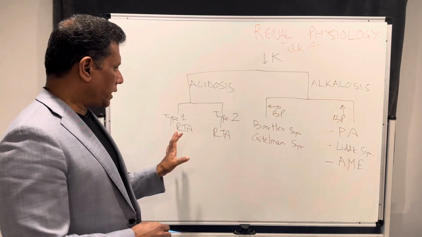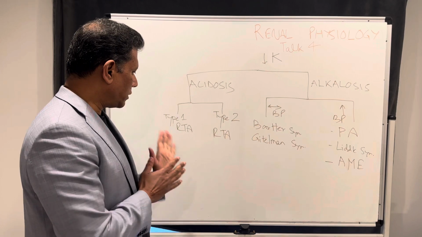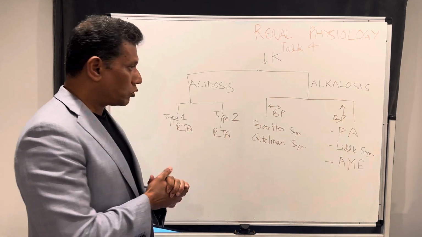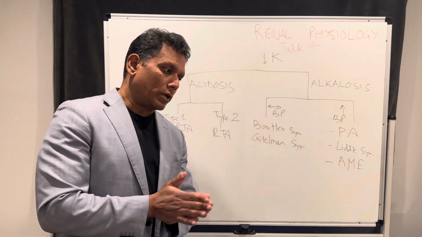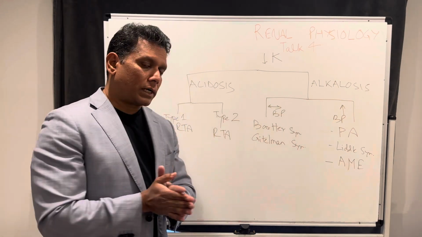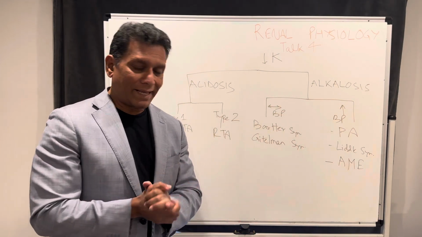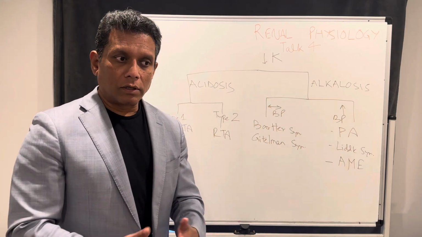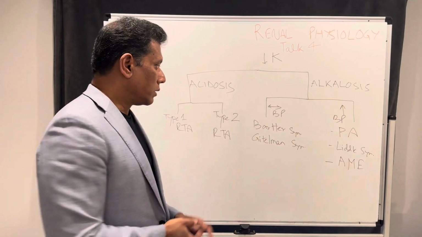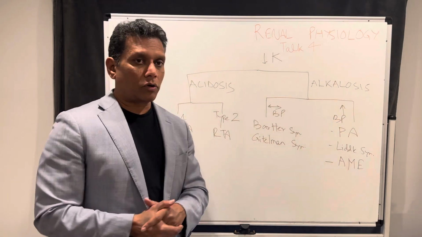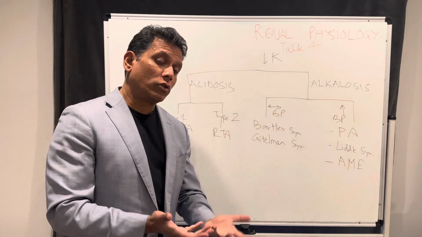Again, quickly reminding ourselves of the basic pathogenesis in type 1 versus type 2 RTA. Both present with normal anion gap metabolic acidosis with hypokalemia. The problem in type 1 RTA, which is distal RTA, is the inability to excrete hydrogen. If you can't excrete hydrogen, it stays back and you're acidotic. The problem in type 2, which is proximal RTA, is the inability to reabsorb bicarb.